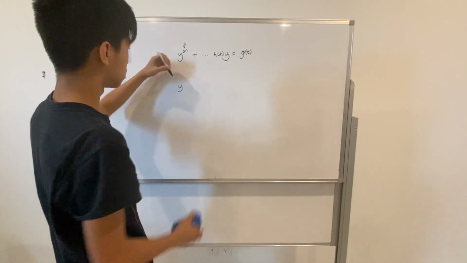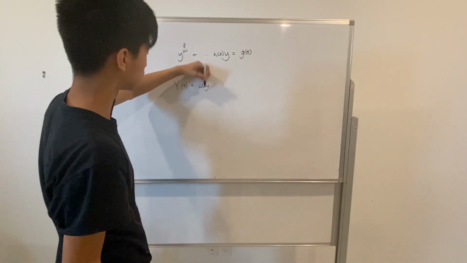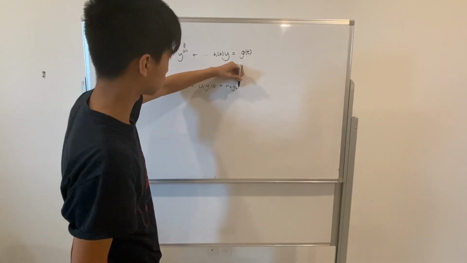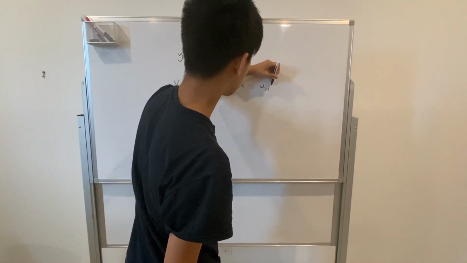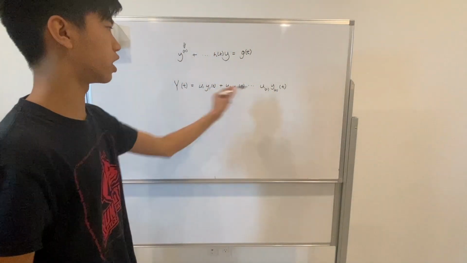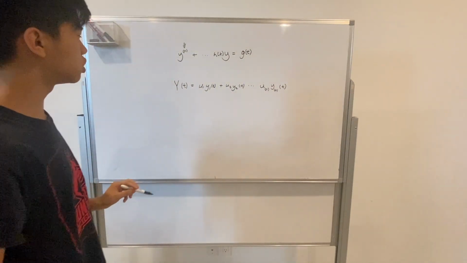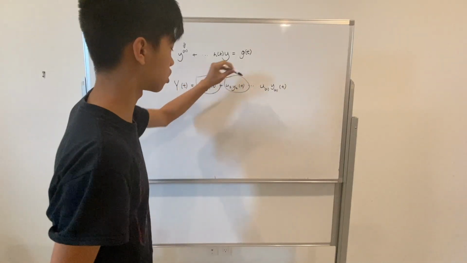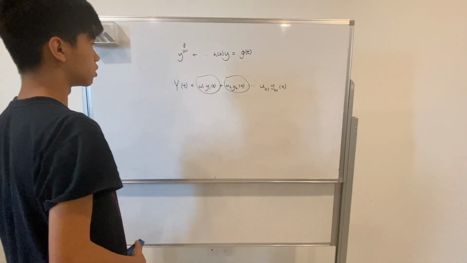Your solutions will look something like this. So you'll have n solutions given an nth order differential equation. This uses the superposition principle, where if any one of these is a solution, the sum of them will also be a solution for this differential equation.